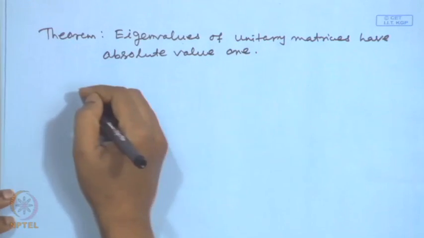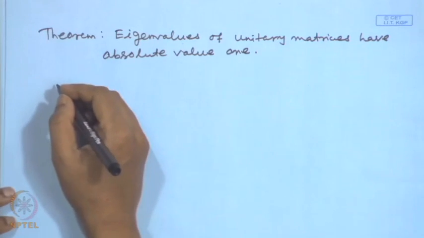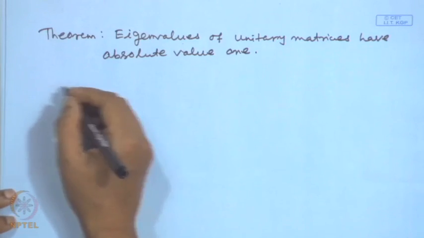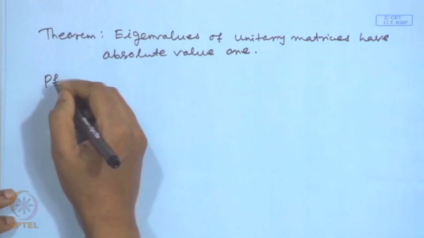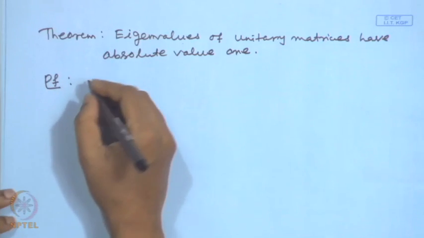That is, if alpha is an eigenvalue of a unitary matrix, then the absolute value of alpha is equal to 1.